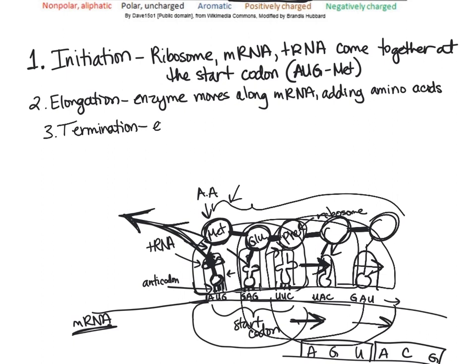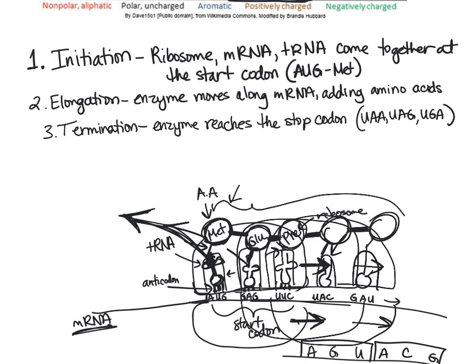In termination, this is when our enzyme reaches the stop codon. So again, our stop codons are UAA, UAG, and UGA.